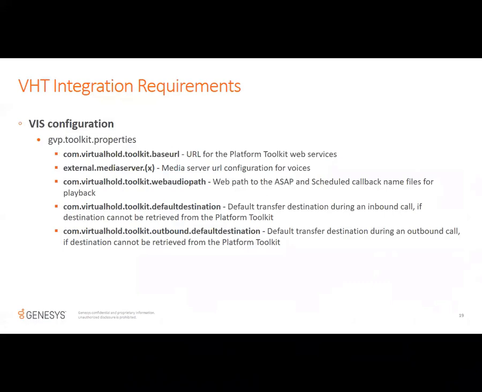So anytime the call isn't transferred out of the VXML or out of the IVR, the call will be killed or torn down. So customers would like to be able to at least have the option to be routed back into queue or into a holding queue or something to handle any particular failures of communication to VHT's platform toolkit.